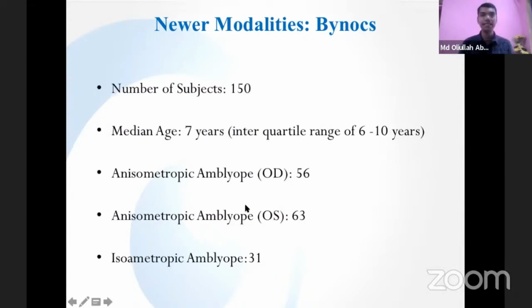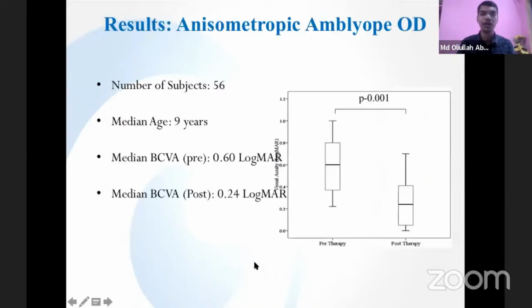I'm not giving them in detail, but overall we're coming up with 150 subjects for presentation, with an age group of 6 to 10 years as the interquartile range, and a median age of 7, where anisometropic amblyopes were the highest. If you see the combination of right and left eye, isometropic or bilateral amblyopes are 31.